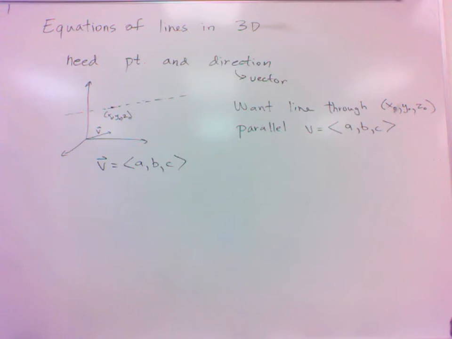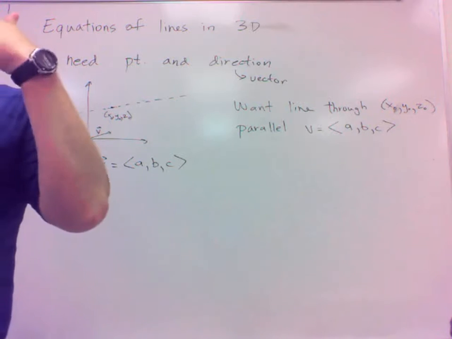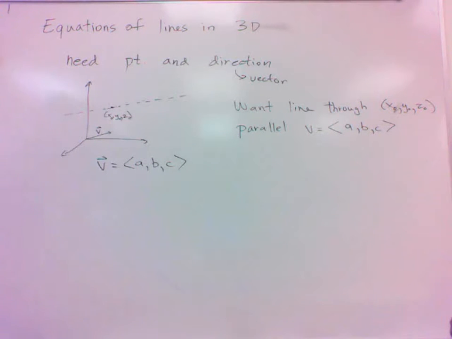Okay? All right. So to kind of build our way up here, let's do it a couple ways. The ultimate goal is to get the equation, but the way we're going to do it in 3 dimensions is by giving the x, y, and z values of each point on that line. I guess this is the way we do it in 2 dimensions; we just don't think of it this way.